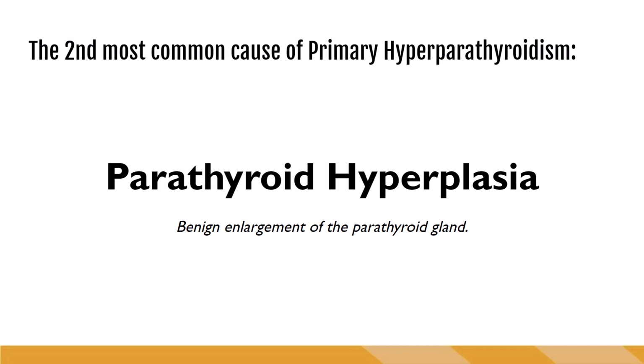Now, the second most common cause of primary hyperparathyroidism is parathyroid hyperplasia, and that's where you can have benign enlargement of the parathyroid gland. So this would be very similar to goiter in the thyroid, where just the whole gland gets kind of bigger. That's parathyroid hyperplasia, just the whole parathyroid gland enlarges.